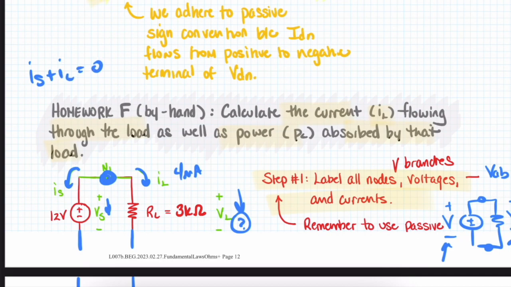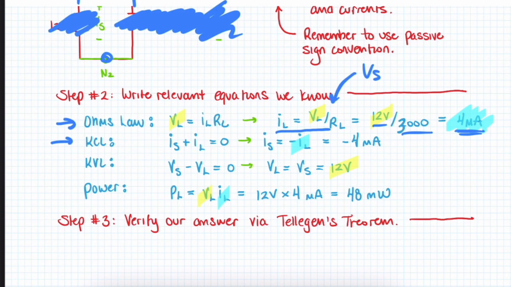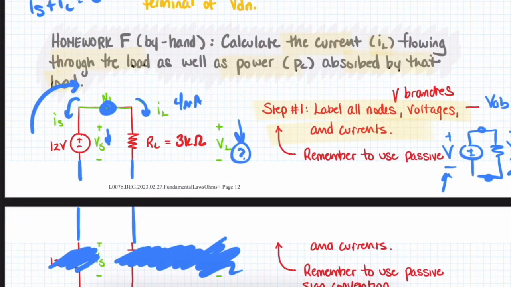The sum of all the currents entering or the sum of all currents leaving a node should be equal to 0. And so when we apply that, we see that IS is negative 4 milliamps. That sort of makes sense. We expect to have 4 milliamps flowing in that direction. In order for this to be 4 milliamps, IS needs to be negative 4.